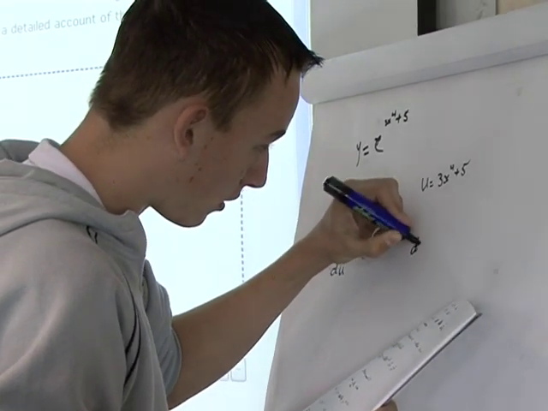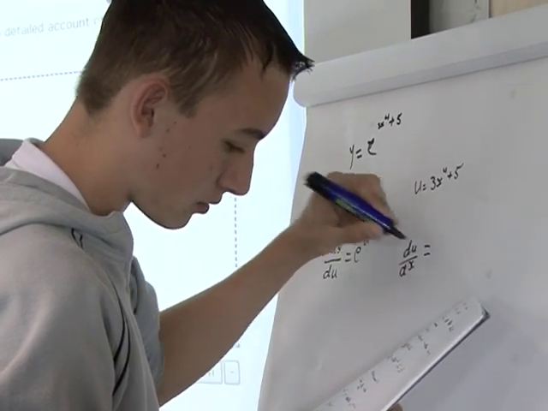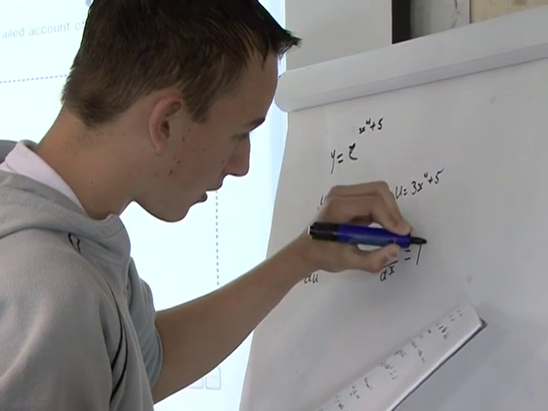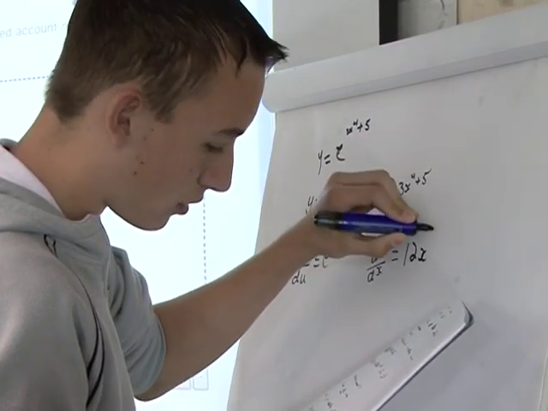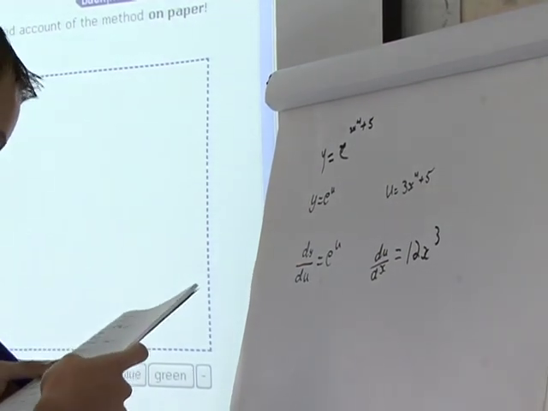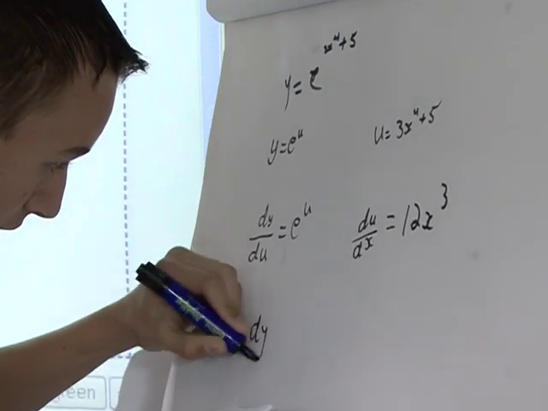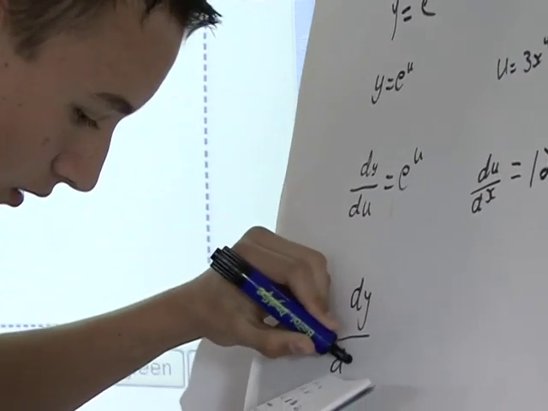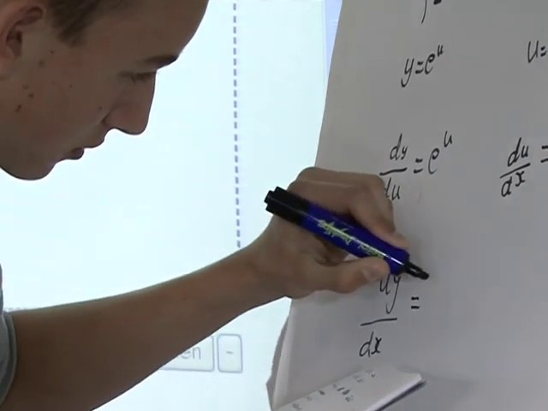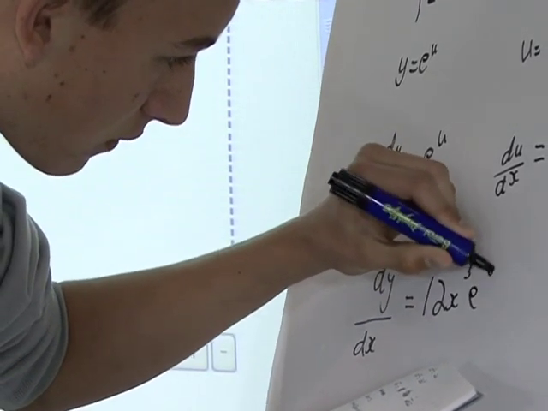And du by dx equals 12x cubed. So I've differentiated u. Excellent. And then dy dx equals 12x cubed e to the power of u. Excellent.